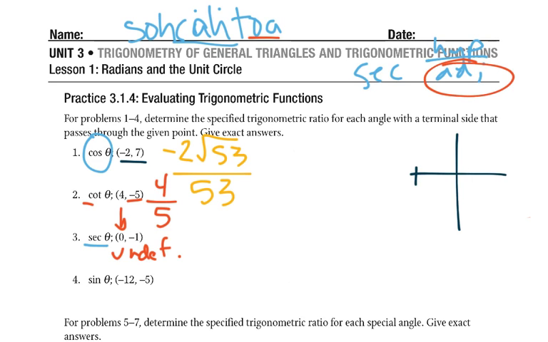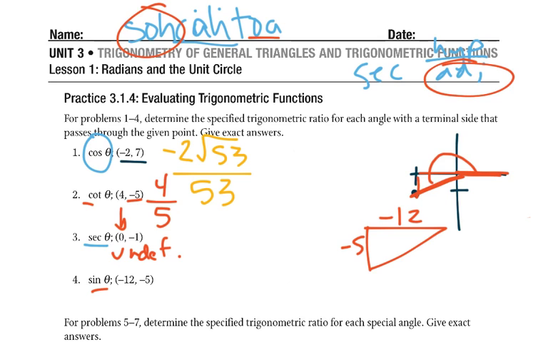So we go -12, -5. So our angle would look something like that. Okay, so our triangle, -12, -5. Now it's sine. Sine is opposite over hypotenuse, so -5 squared plus -12 squared equals hypotenuse squared.